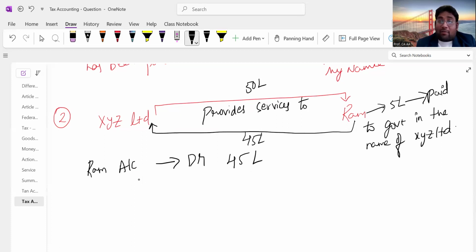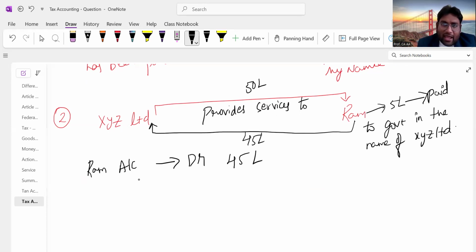Even though I provided this on credit, Ram would have entered it in his accounting software. I will get only 45 lakhs from Ram now, because 5 lakhs he will pay to the government in my name. That is my money.